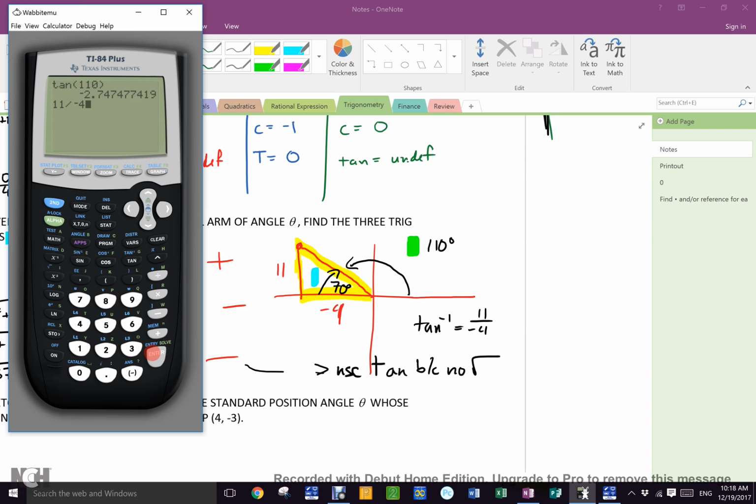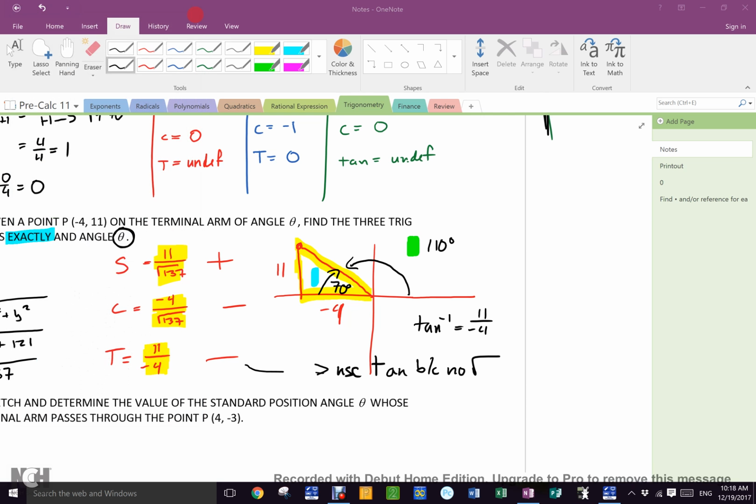It's going to be negative 2.75, which is what we had right there. Does everybody see? The tangent was the same. Everybody good? All right, let's try the next one.